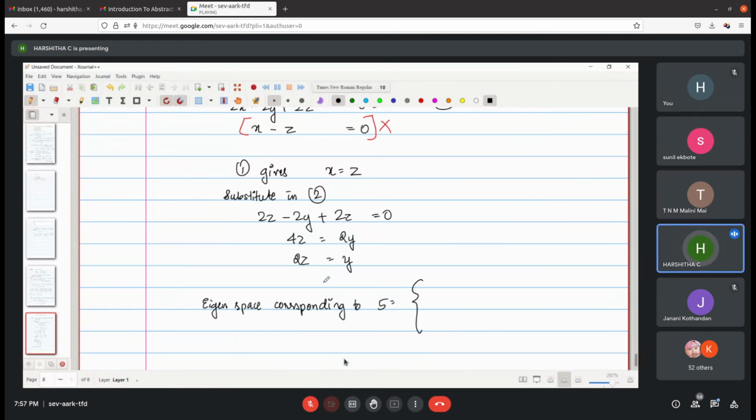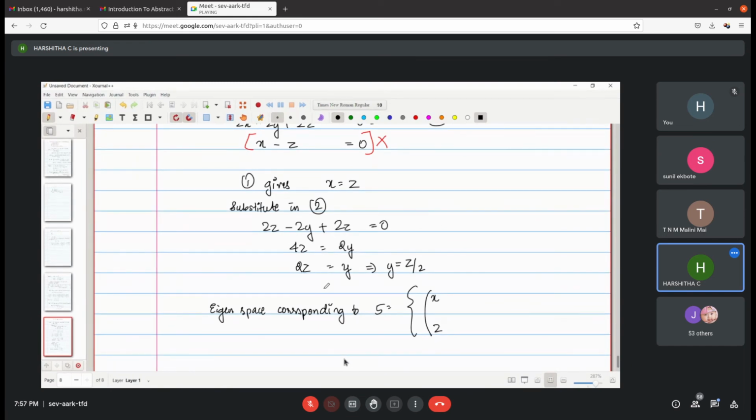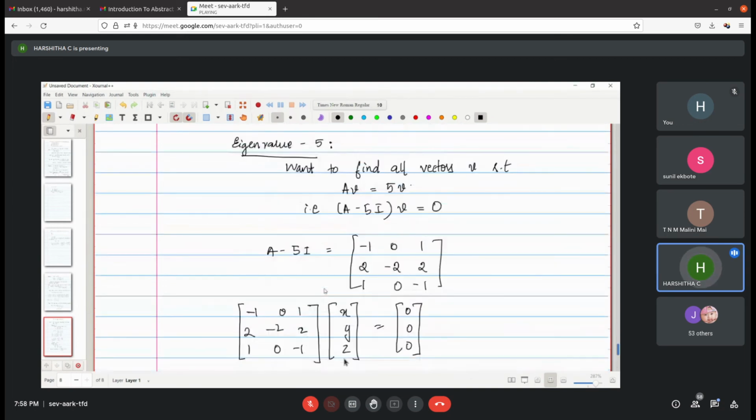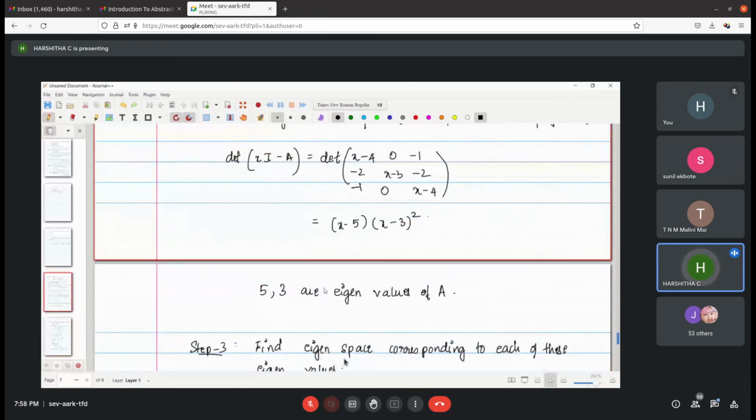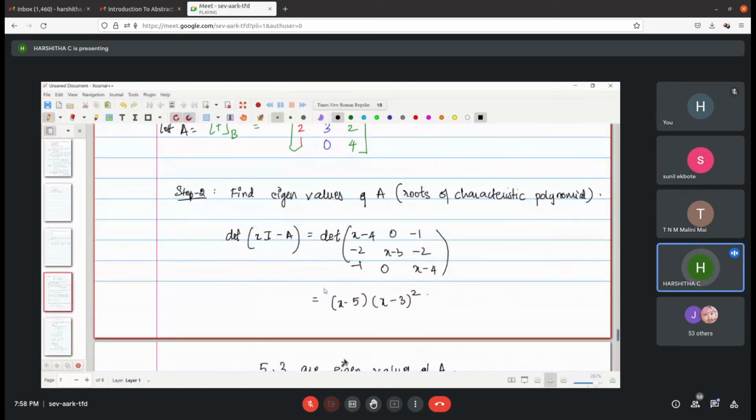So you fix z and then you know what x and y have to be. If you look at last week's content, sir has defined two numbers: algebraic multiplicity of an eigenvalue and geometric multiplicity of an eigenvalue.